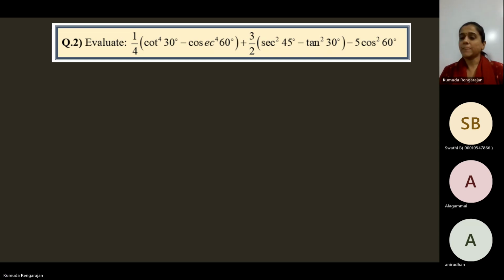Come here. So one student has got the right answer. Bhavishya has got it. 55 by 18.